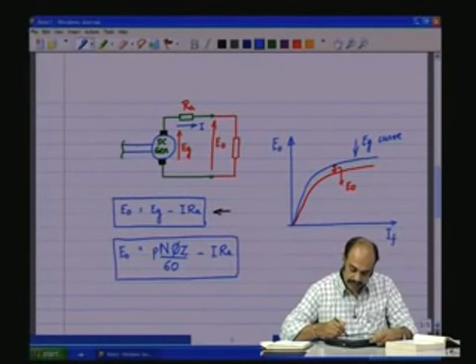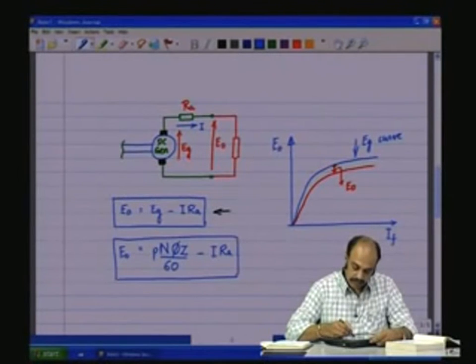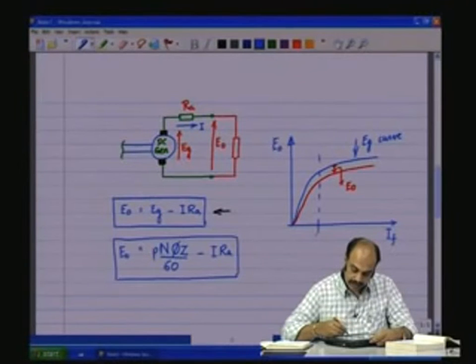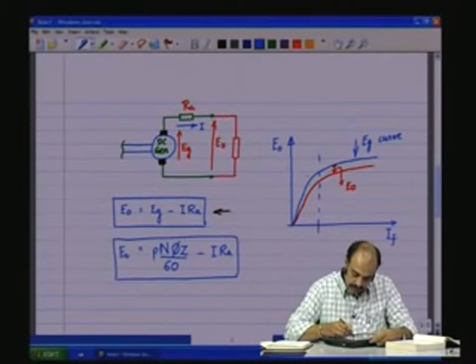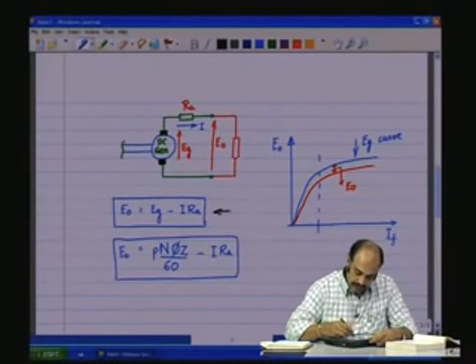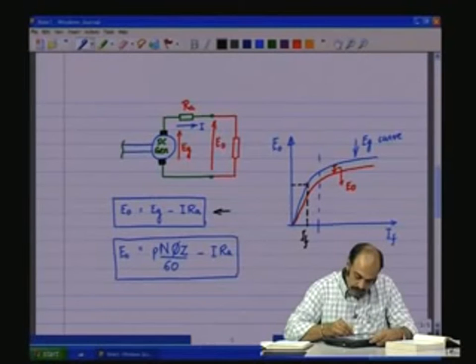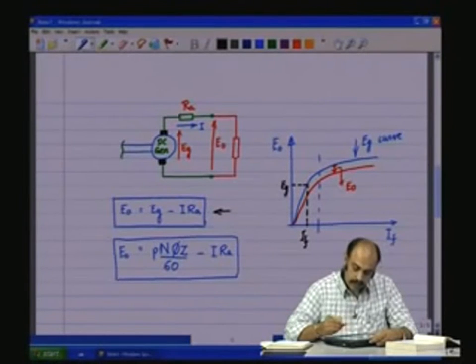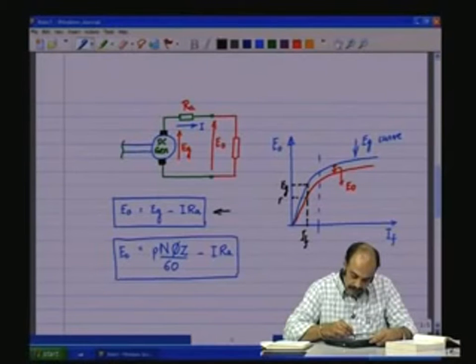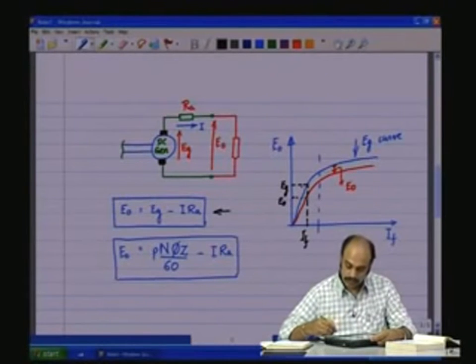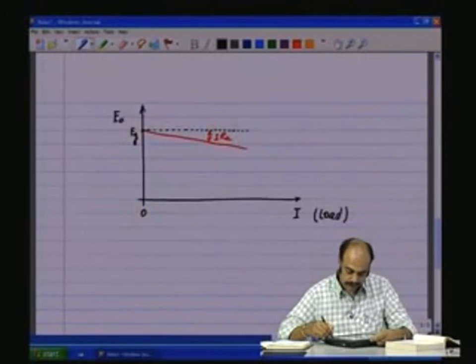So, if we provide an I F which is, let us say, within the knee, so let us say this is the I F that one provides, the E G that one can get is this, and for a given load the E naught that one can get is this. The remaining goes into the IA RA drop.